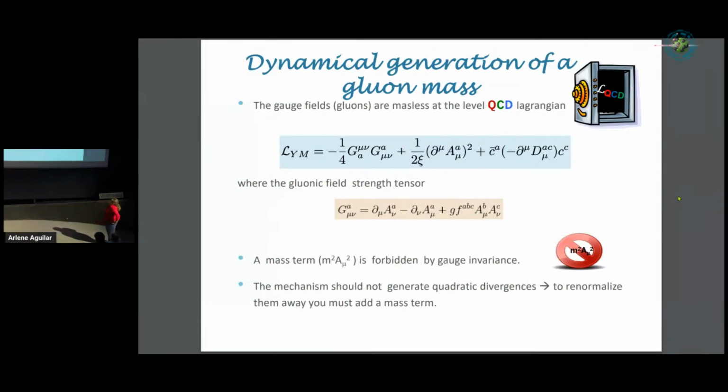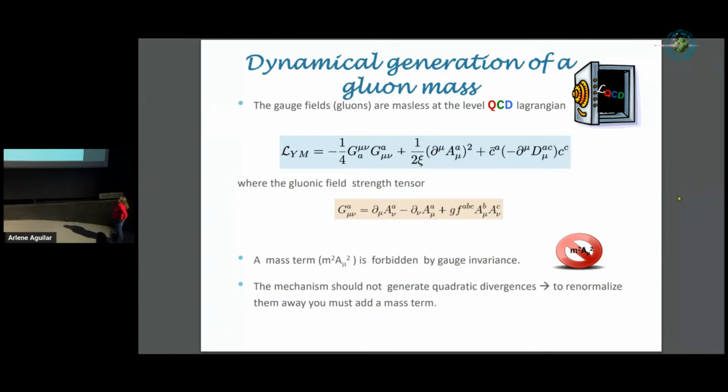So let's start with the QCD Lagrangian. Actually, it's not the QCD Lagrangian, it's the Yang-Mills Lagrangian. Here you have the field strength tensor. As you know, we cannot add a mass term in the Lagrangian because this is forbidden by gauge invariance.